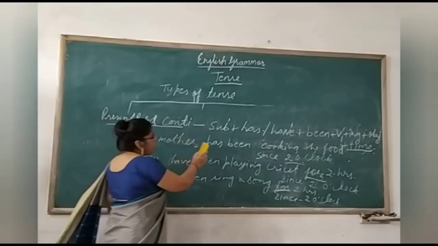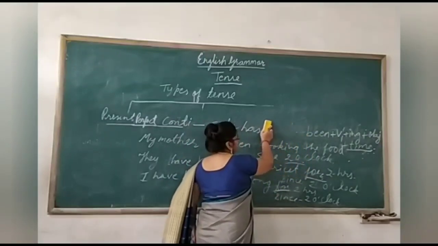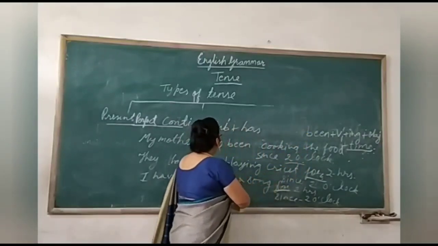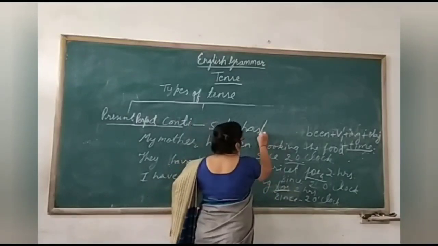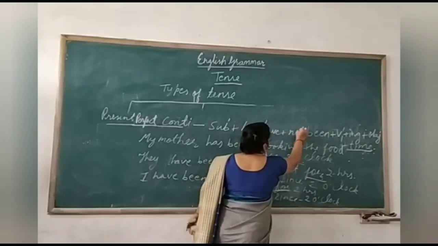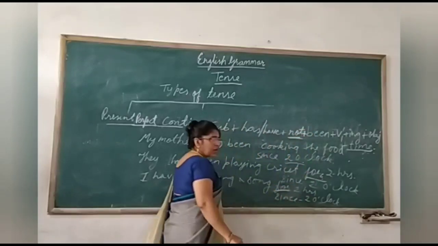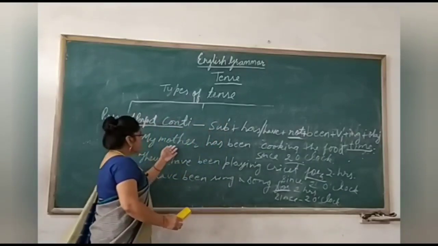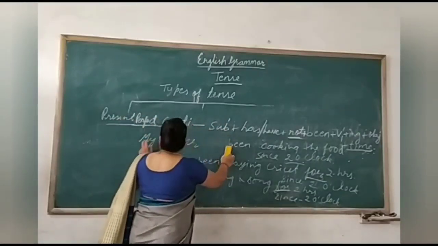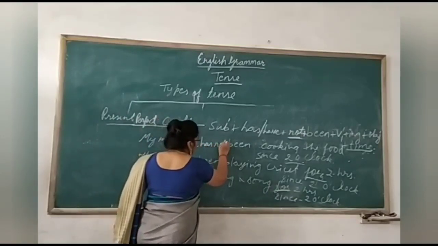Now let us convert the same sentences into negative, children. In negative, I have already told you that only one word is added, that is "not". You will add "not" to the structure. And in the sentence, where will you add "not"? My mother has not, here after "has".